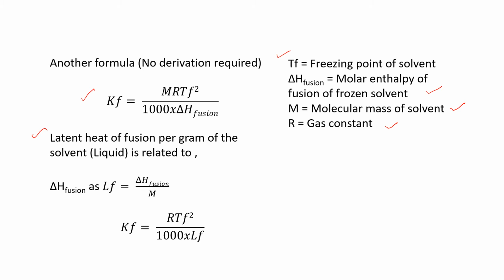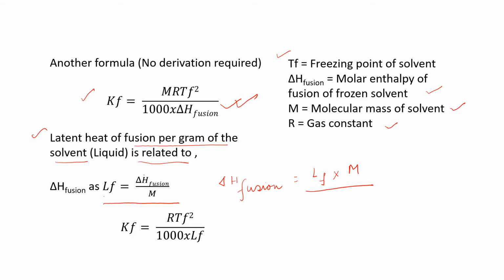Now, the latent heat of fusion per gram of the solvent is related to delta H fusion as LF is equal to delta H fusion by M. So from there we can get delta H fusion is equal to LF into M. Just put the value of delta H fusion equal to LF into M in this equation.